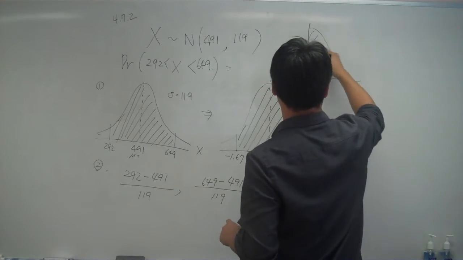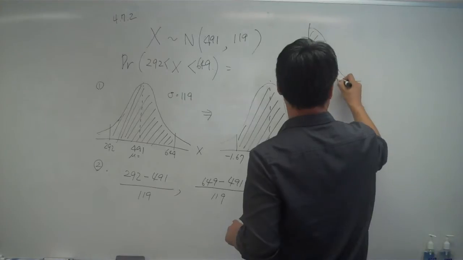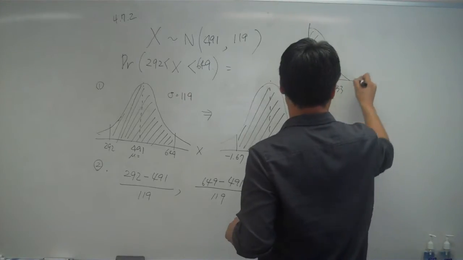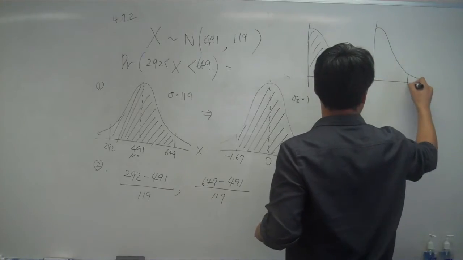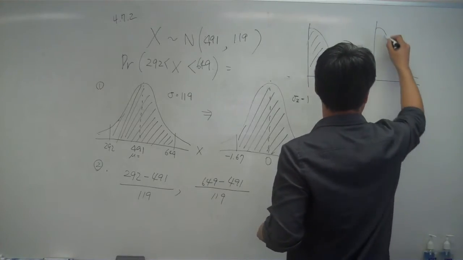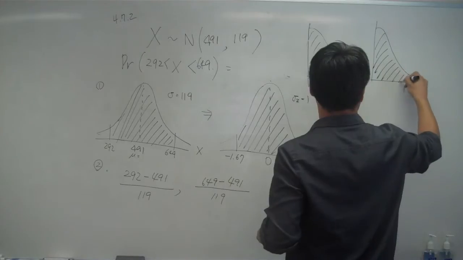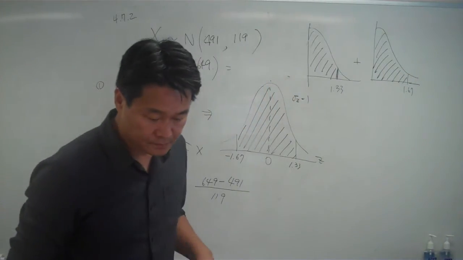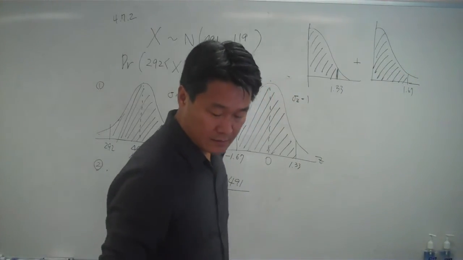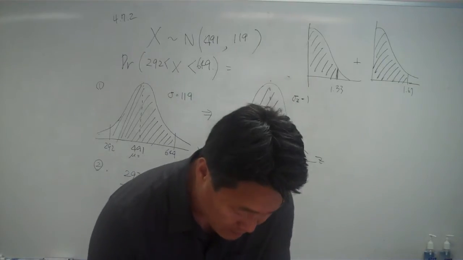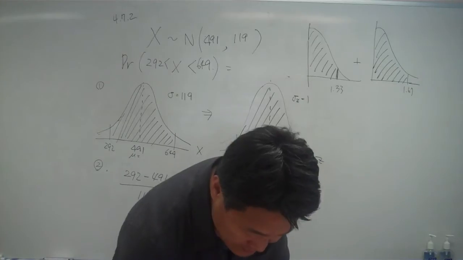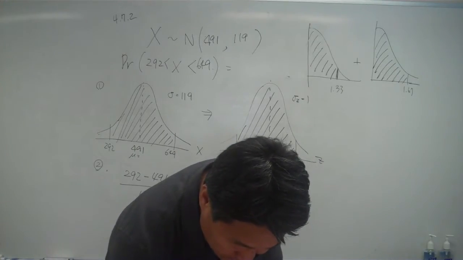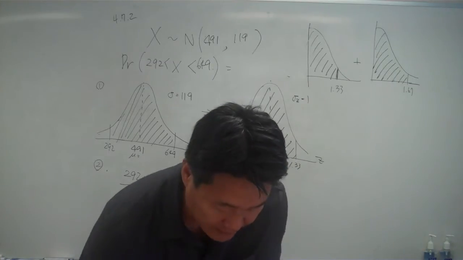This can be like this. And 1.67 is 0.9525.